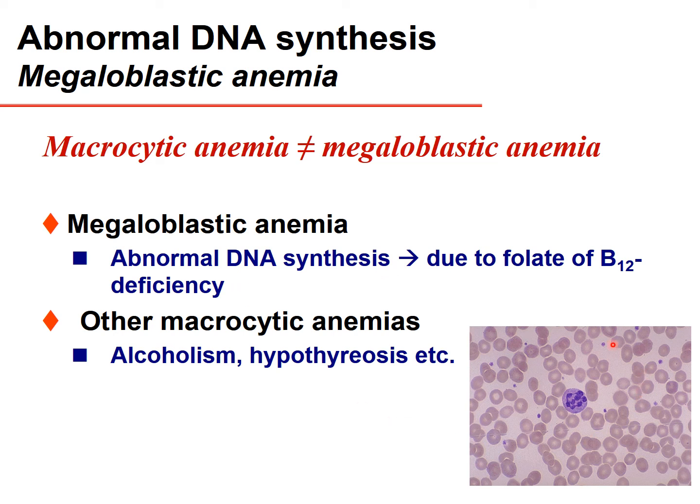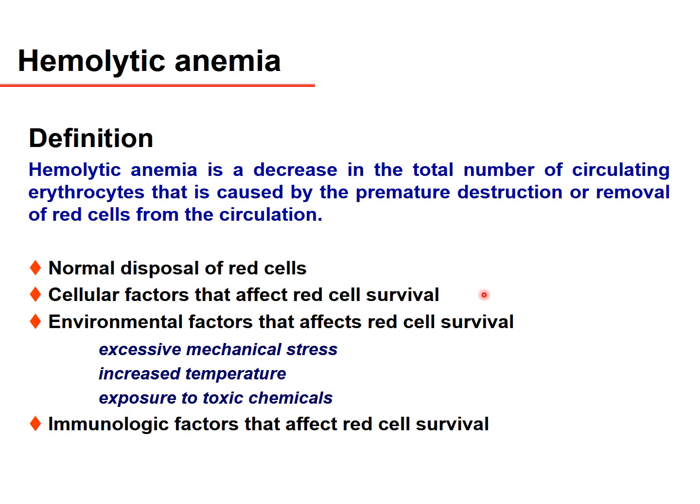Now, the very characteristic difference between the alcohol-induced macrocytic anemias is that in the periphery, we do not see any hypersegmented neutrophils. However, when we have a megaloblastic one, we have hypersegmented neutrophils or hypersegmented eosinophils in the periphery. In the next, we have the hemolytic anemias.